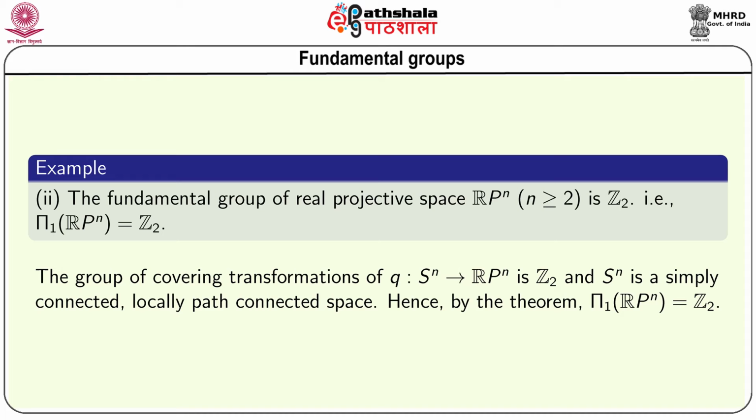Earlier we have seen that the group of covering transformations of the covering map q from S^n to RP^n is Z2, and S^n is a simply connected, locally path connected space for n greater than or equal to 2. So, with the help of this theorem, we see that pi 1 of RP^n is equal to Z2.